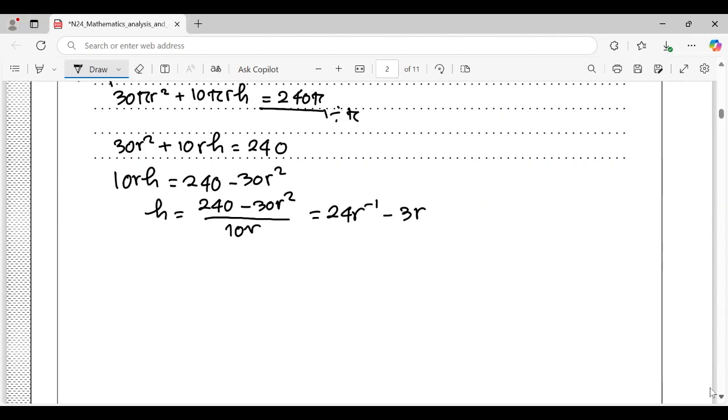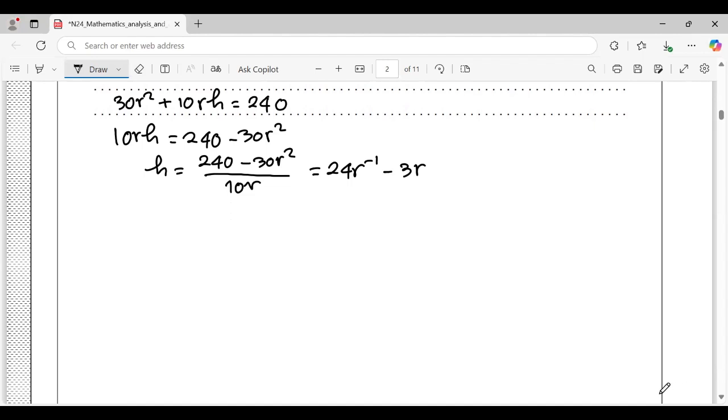Okay, after that, we continue to find the volume of the cylinder. Volume of the cylinder is the volume of the larger cylinder, or volume outer, minus the volume of the smaller cylinder, volume inner. Volume outer equals pi times 4r the radius squared times h.